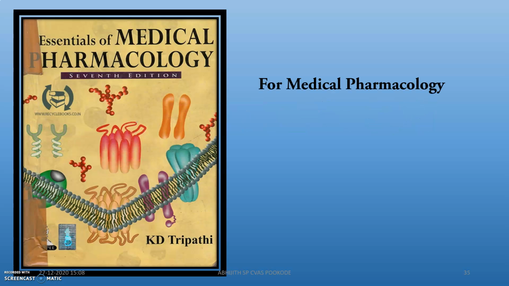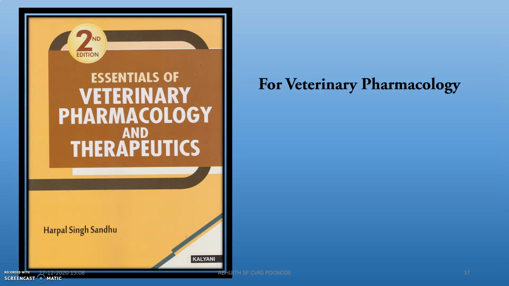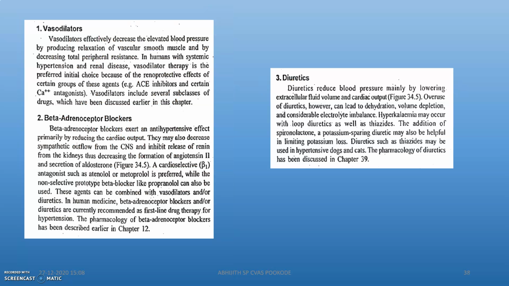So the classification. For medical pharmacology, we'll be using the classification like diuretics, ACE inhibitors, angiotensin receptor blockers, direct renin inhibitors, calcium channel blockers, beta adrenergic blockers, beta plus alpha adrenergic blockers, central sympatholytics, vasodilators. For veterinary pharmacology, we'll be using the details from the heart pulsing sample. That is mainly vasodilators.